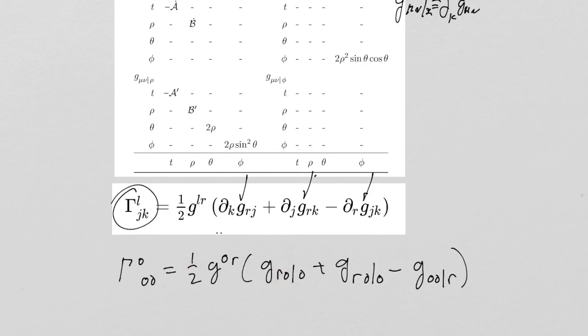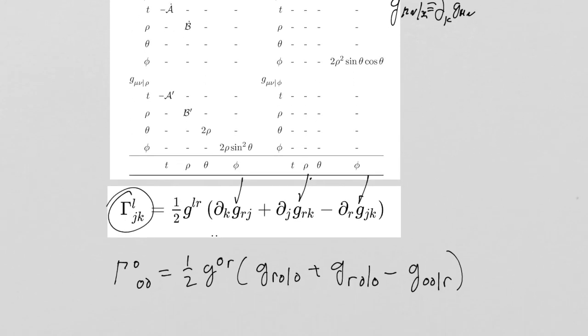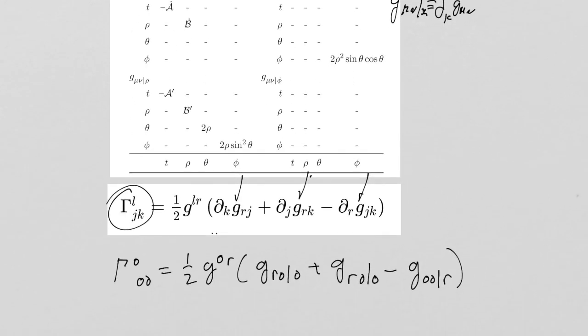But I have to multiply it by, the only term here that can survive is the on-diagonal terms, right? The off-diagonal terms are 0 to begin with, so their derivatives are 0. So R has to be 0. So I have to multiply this by the inverse of G00, which is minus 1 over A.